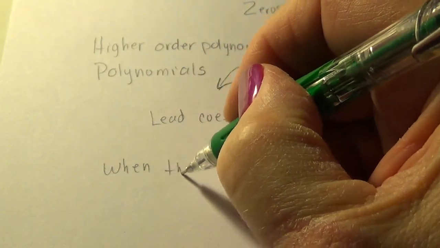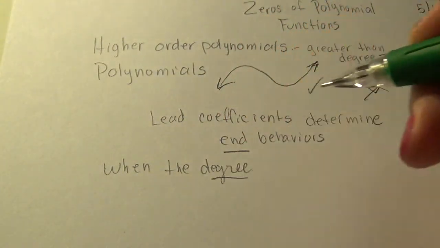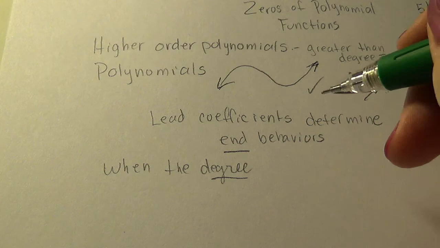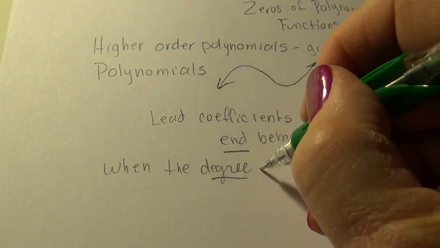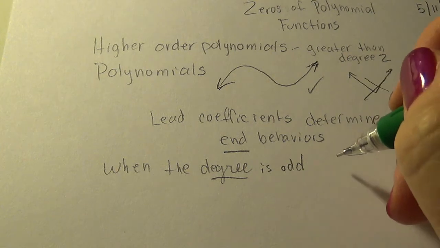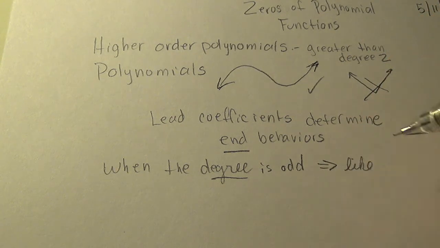All right, so to look at some principles, when the degree is odd. Remember, degree is the greatest exponent in the function. So when the degree is odd, it will act very much like y equals x cubed.